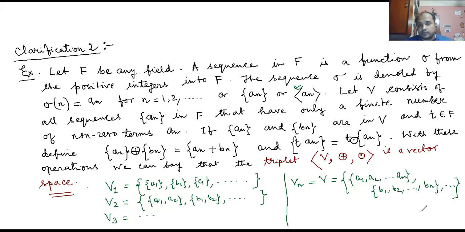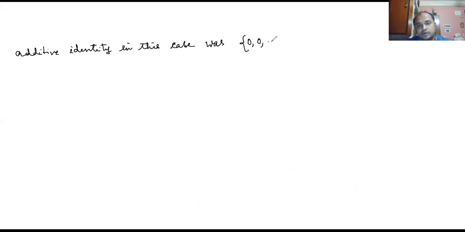And I told you that the additive identity in this particular case was like this: 0, 0, dot dot dot 0, so that I can write A1, A2, dot dot dot AN plus 0, 0, dot dot dot 0.